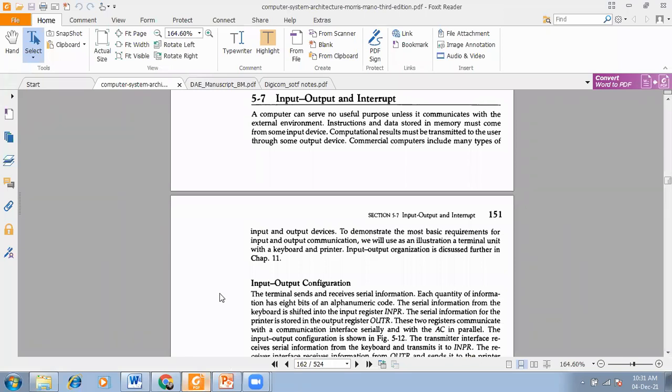So today's topic: last day we have done all the operations, that means addition, increment, jump, branch instructions, all these things. Today we are going to discuss input, output and interrupt. Input output operation, because when you have a computer there should be some sort of input devices and output devices.